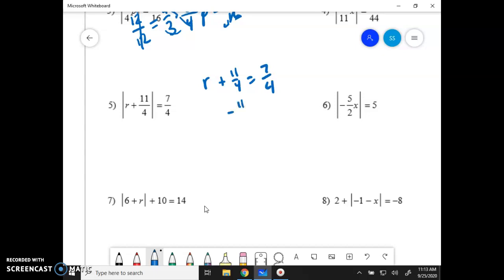And you can just subtract 11/4 on your calculator, which would be 7 minus 11, which is negative 4 over 4. Keep the same denominator, which reduces down to negative 1. You can certainly do that.